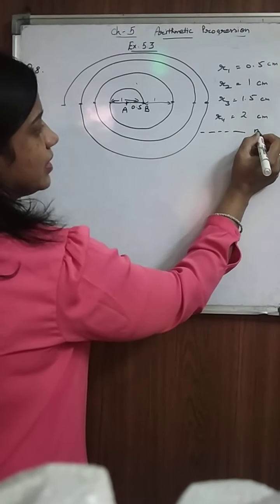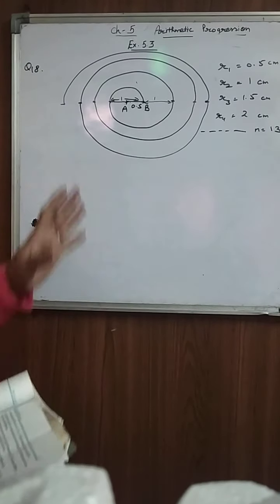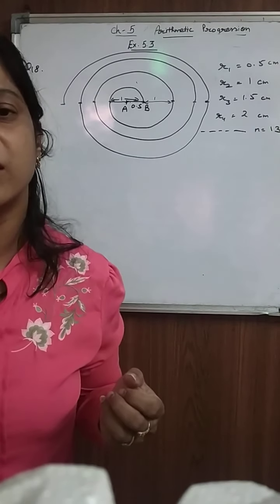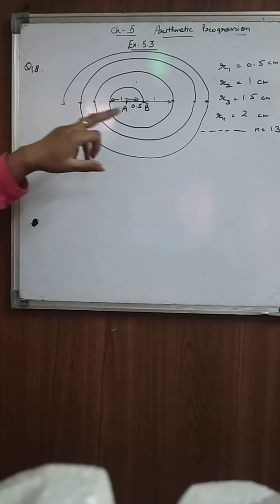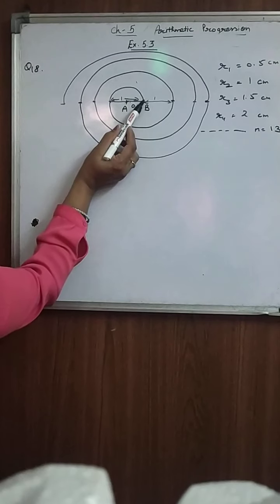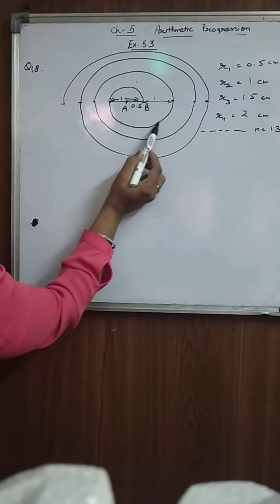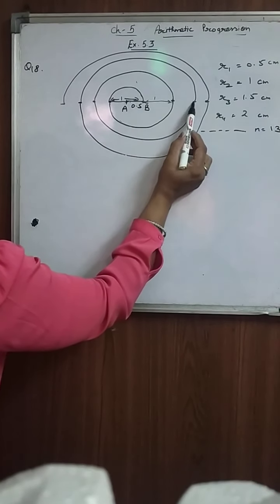So it means till 13, n is 13. These many semicircles he has drawn. Now he is asking what is the total length of such a spiral. He is not asking for the radii. He is asking for the length of this spiral. It means this length plus this length plus this length, and so on.